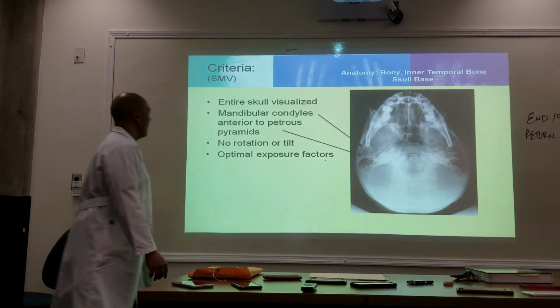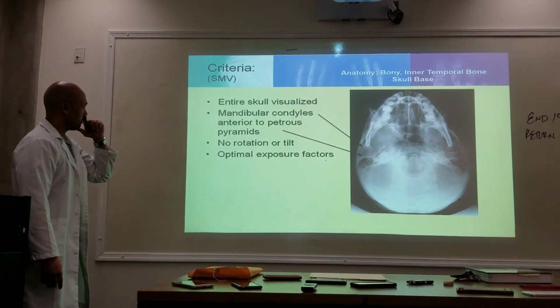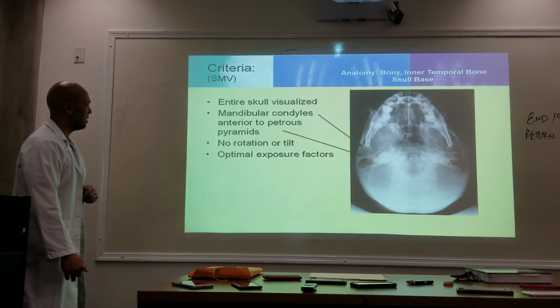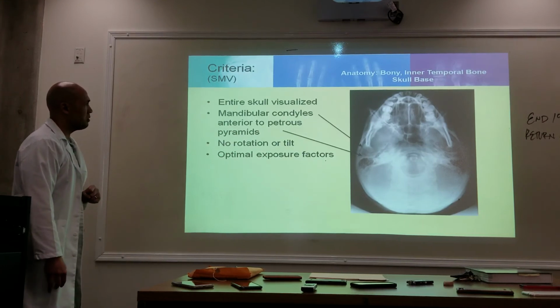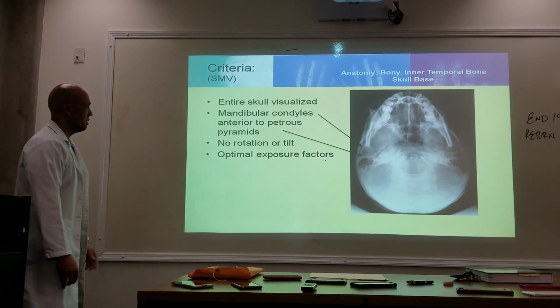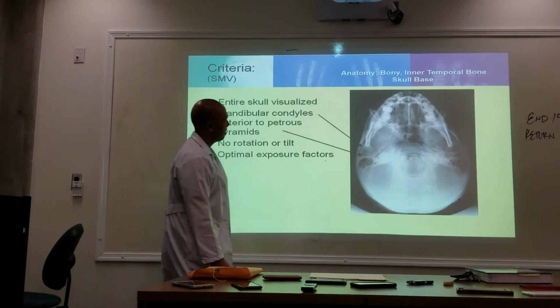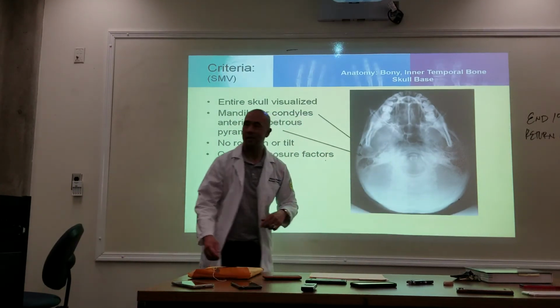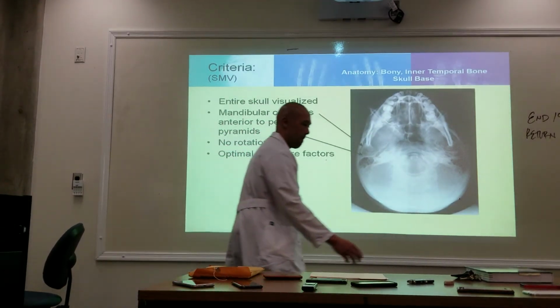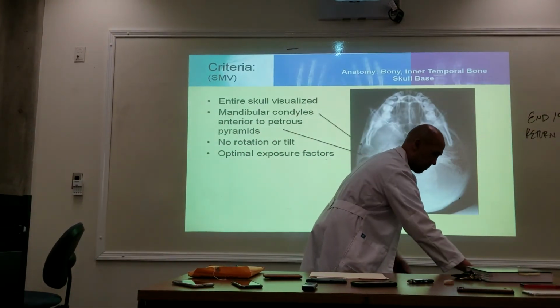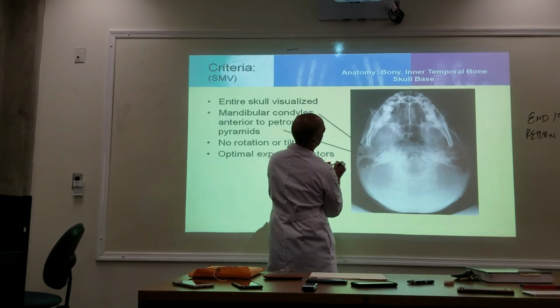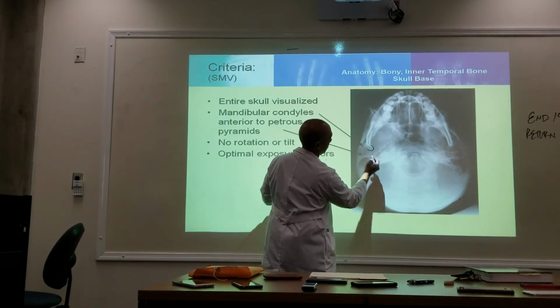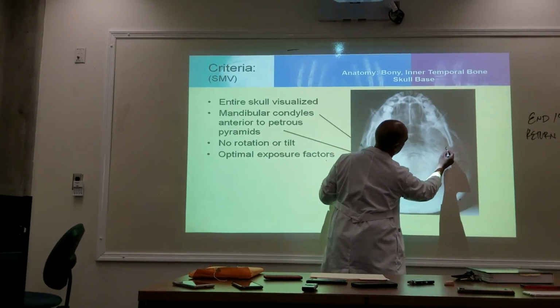Okay? So the mandibular condyles are going to be slightly anterior to the petrous pyramids, the petrous portion. So here are the condyles, just right here. It's kind of hard to see. This area right here.